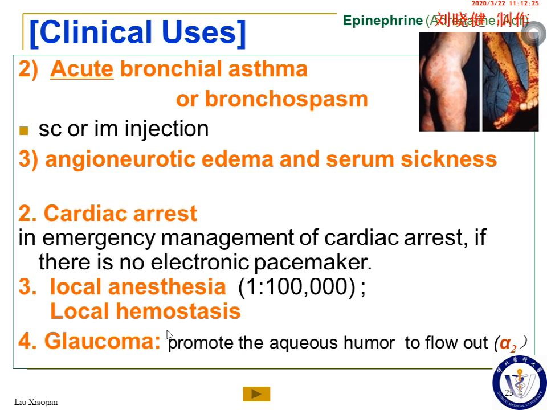Epinephrine works because of activation of alpha-2, but pilocarpine because of activation of the M receptor. And you also studied physostigmine, a cholinesterase inhibitor. It also is one useful drug in the treatment of glaucoma.